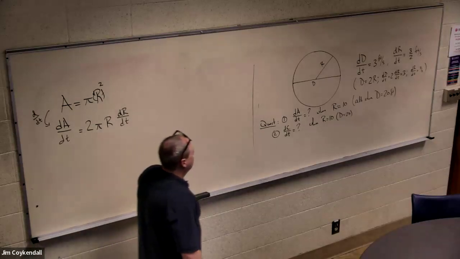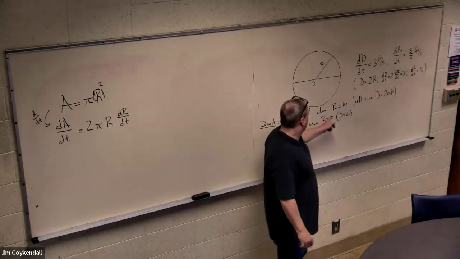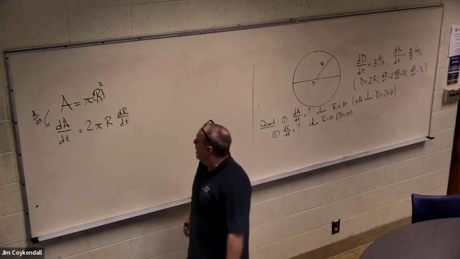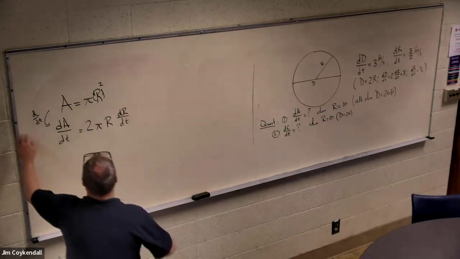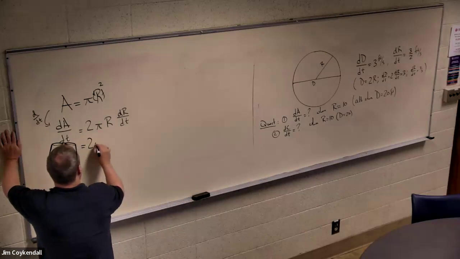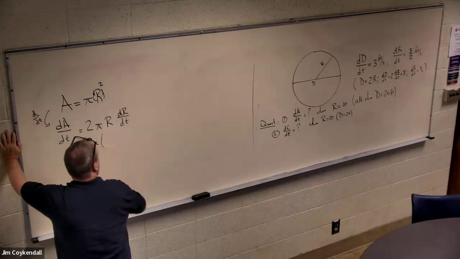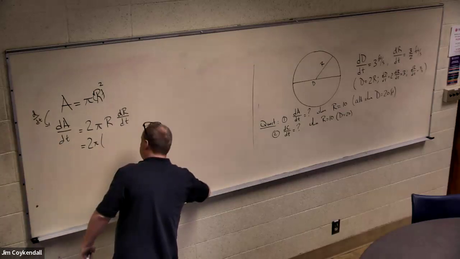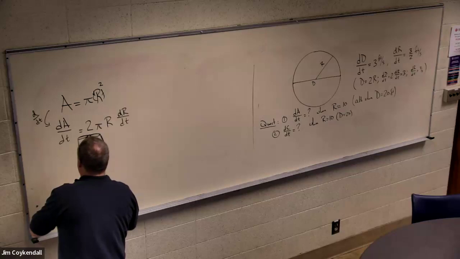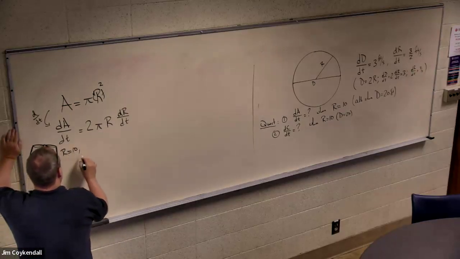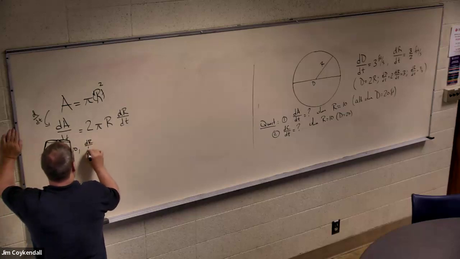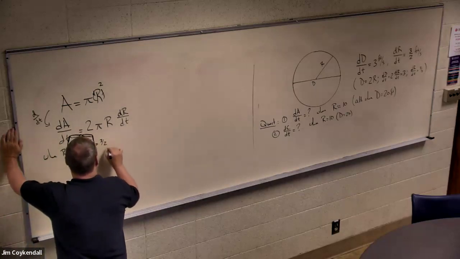Okay. This is what I want when r is 10. Oh, and what's the dr/dt? 3/2. So this is 2 times pi times r. That specifies the time. r equals 10, and dr/dt is always 3/2.